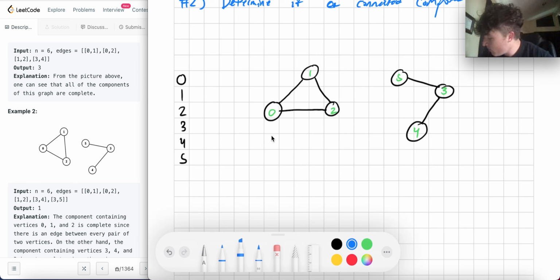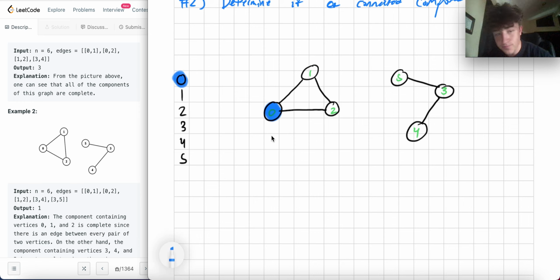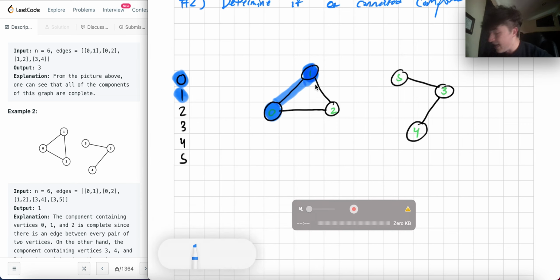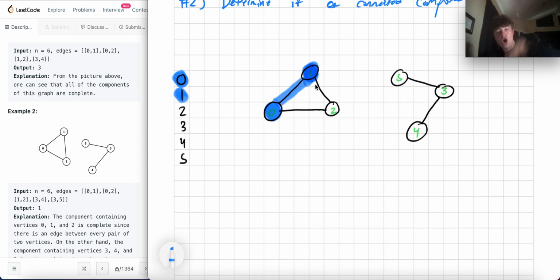So I go to 0 and I color it blue. And I say, okay, a connected component including 0 is everyone that 0 connects to, right? So I color them blue as well. But maybe it'll look more like this. So I'll go to one of its neighbors and color him blue. And anyone my neighbor can connect to will also be someone I can connect to, right?